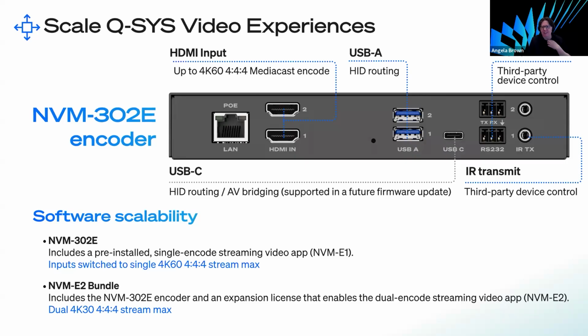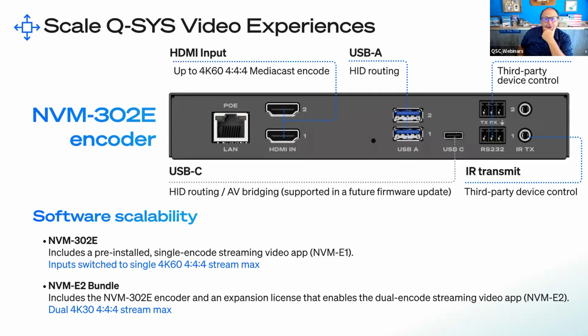And I'm glad I'm doing a webinar because every time I say license in a training class, people throw things at me. But I think this is good because we wanted to keep the cost of the 302E down as far as we can, to be cost effective for the marketplace. But you can add the license to the 302E, or you can buy the NVM E2 bundle that actually comes with that second stream license.